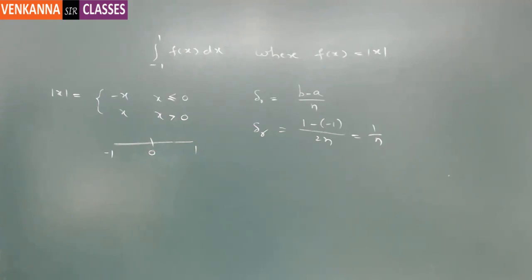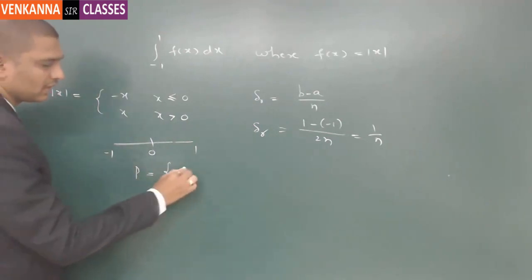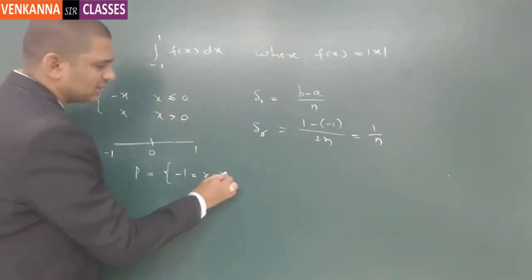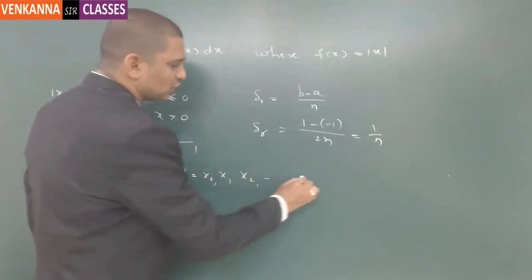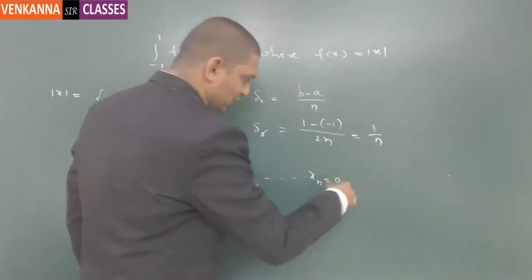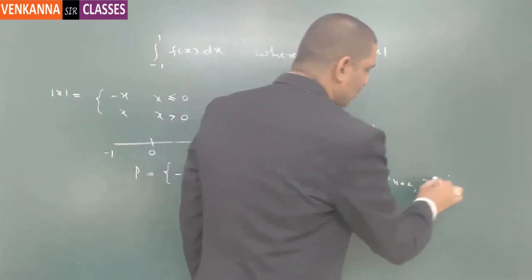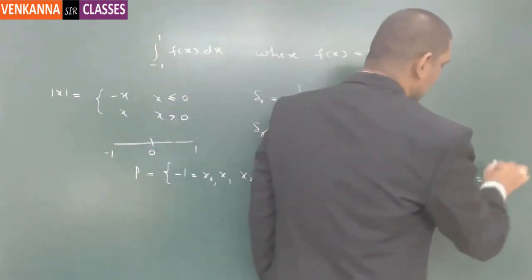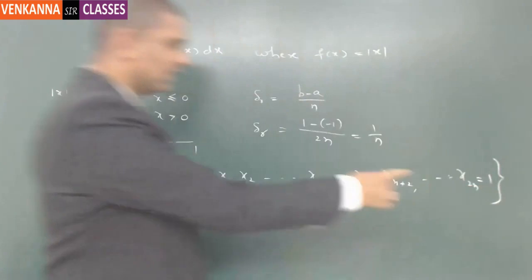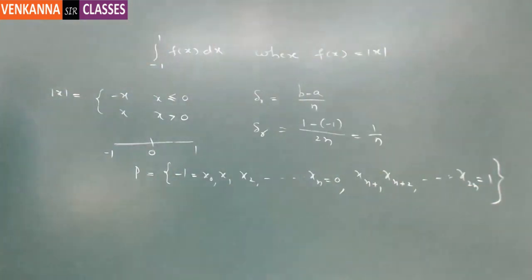So the partition will be written like this. -1 is equal to x0, x1, x2, and so on, xn is equal to 0, xn plus 1, xn plus 2, and so on, x2n is equal to 1. In this way, we take the partition. Total 2n equal segments we have considered.